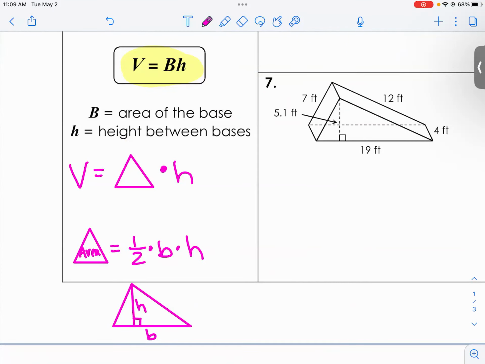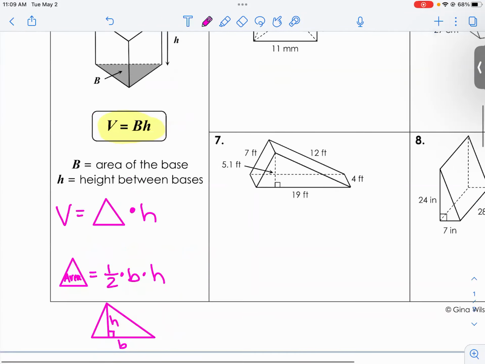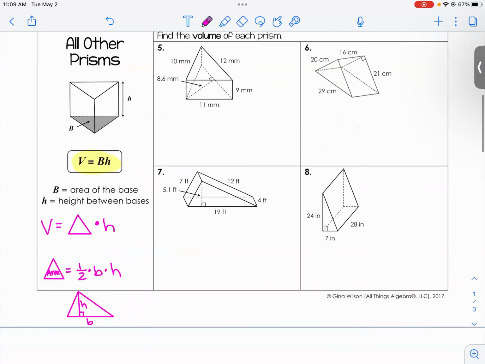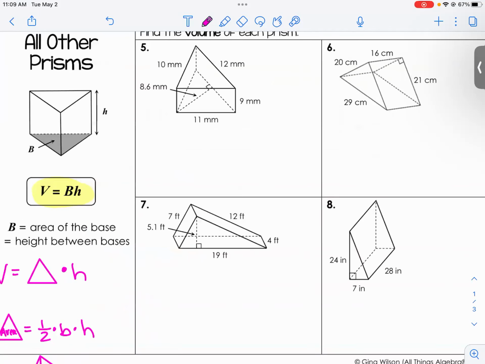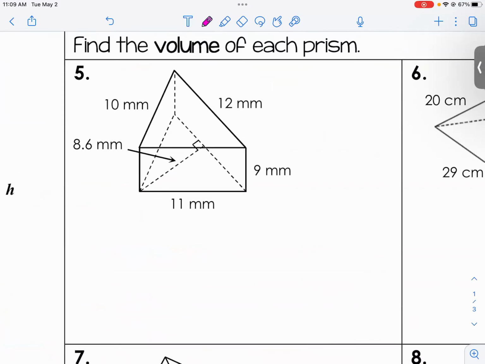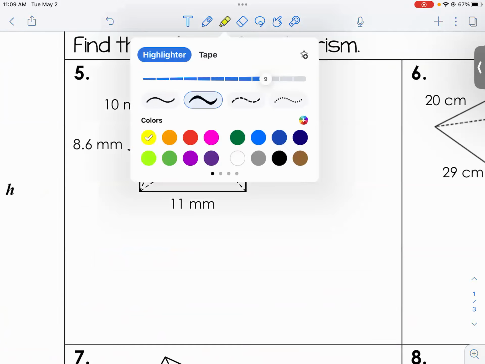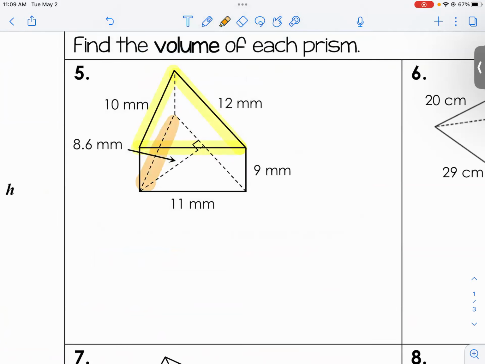Okay, so we're gonna take this slow because this is gonna be a little bit more work, okay? So let's look at number 5. We can see that number 5 is a triangular prism. And what I'm gonna do is I'm going to highlight the triangles so you can see them.